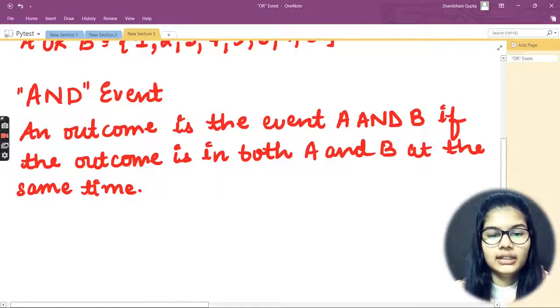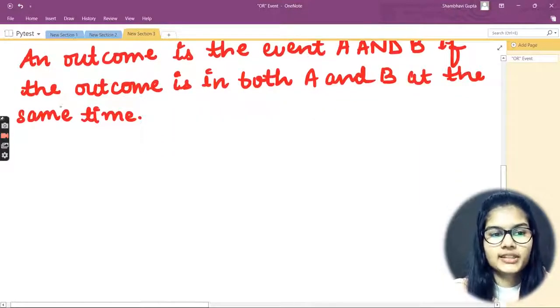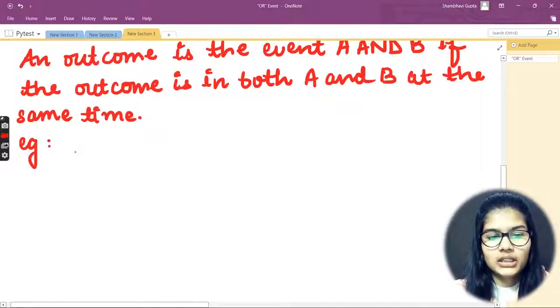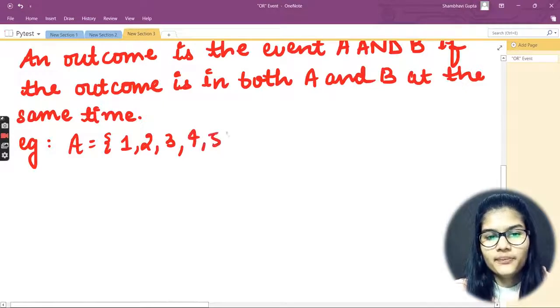Now what example can we have for that? Let me make some space right here. The example for A and B could be: let's say I have event A as 1, 2, 3, 4 and 5. Okay, this is my A event, and what about my B?